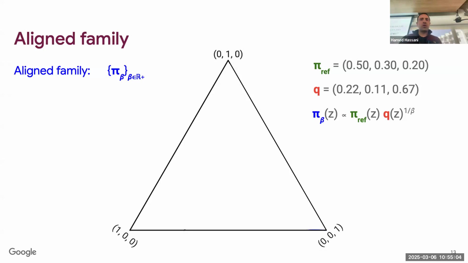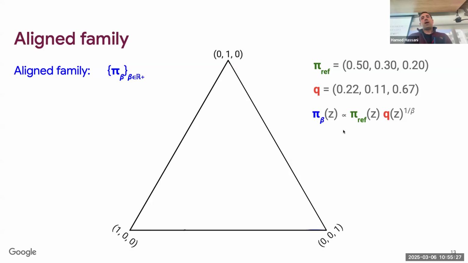This is the language model: we generate 0 with probability 0.5, 1 with probability 0.3, and 2 with probability 0.2. And then we have a reward, this is the exponentiated reward: 0.22, 0.11, 0.67, which means that 2 is more preferred over 0, over 1.